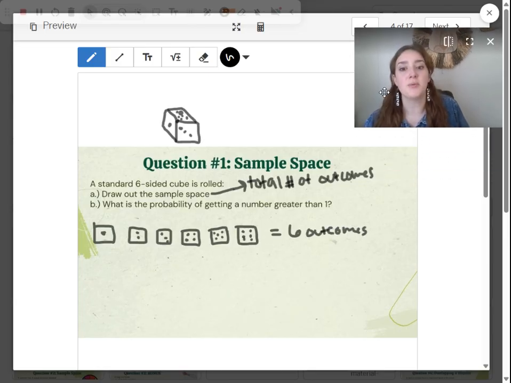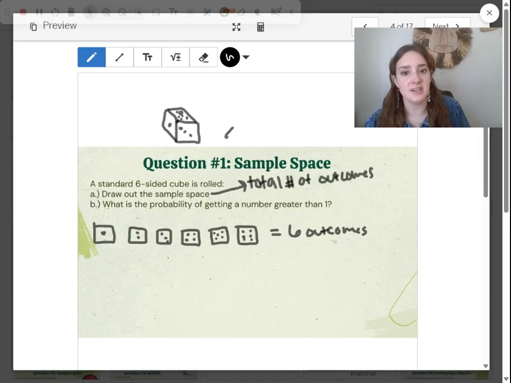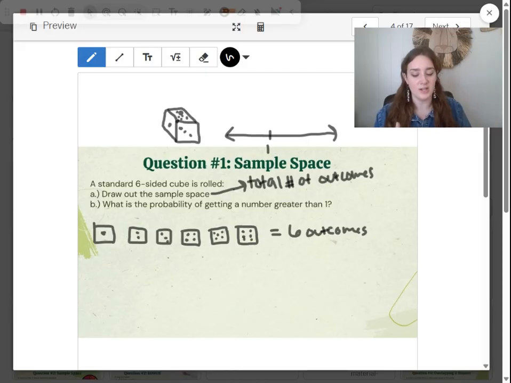So now we want to find the probability of getting a number greater than 1. So we need to think about this, do a little side work here on a number line, a number that is greater than 1. Thinking back to inequalities, it's a number larger than 1, but it's not saying greater than or equal to.